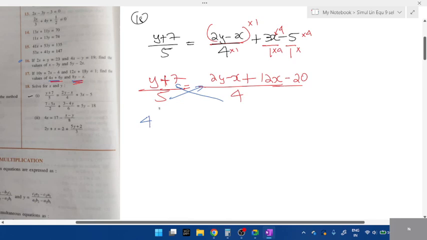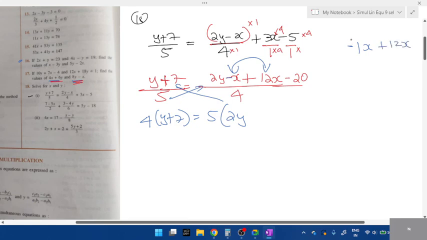Look here, observe this step. 4 into y plus 7, take 5 into, any like terms here? What is minus 1x plus 12x?